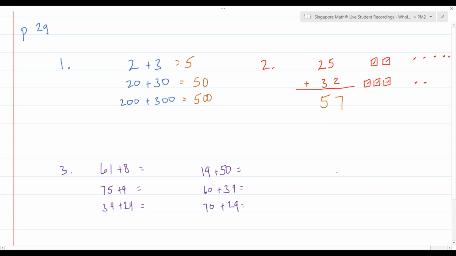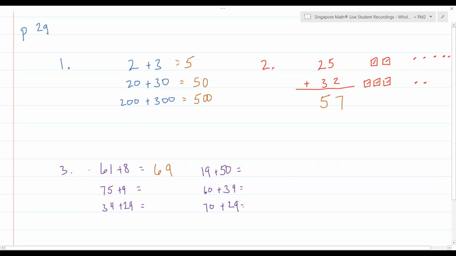Number 3 just gives you several problems. It writes it horizontally. I would say if it writes it horizontally, let's solve it horizontally. If it writes it up and down vertically, we'll solve it vertically. But 61 plus 8, I still have 6 tens, and now I have 9 ones. I wrote mine up and down.